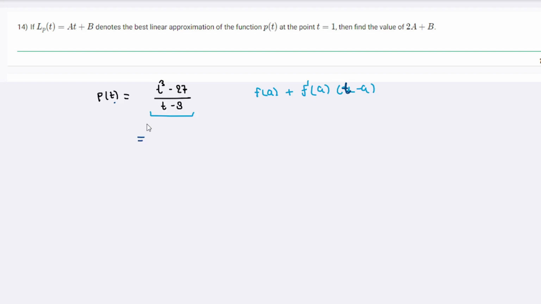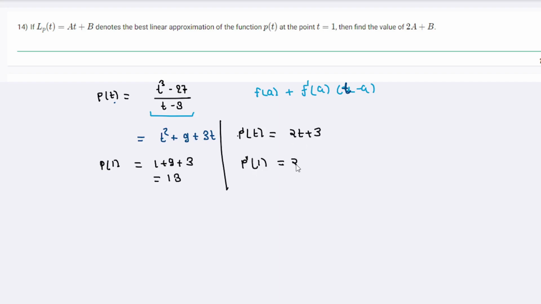Earlier we have solved this particular function, which gives t square plus 9 plus 3t. So we will compute p of 1, which will be equal to 1 plus 9 plus 3, which is equal to 13, and its derivative p dash of t will be equal to 2t plus 3. p dash of 1 will be equal to 2 plus 3, which is equal to 5.